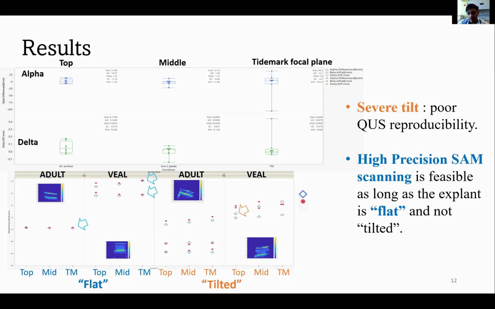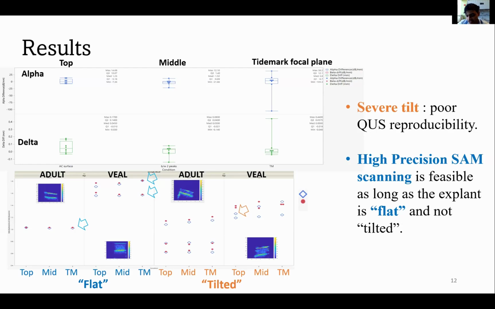And we can see in the graph on the bottom side how explants with tilted surfaces had discrepancies in delta between baseline and follow-up scans, and we hope to address this.